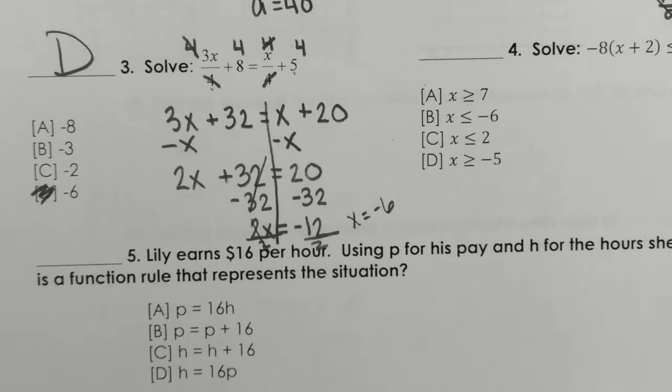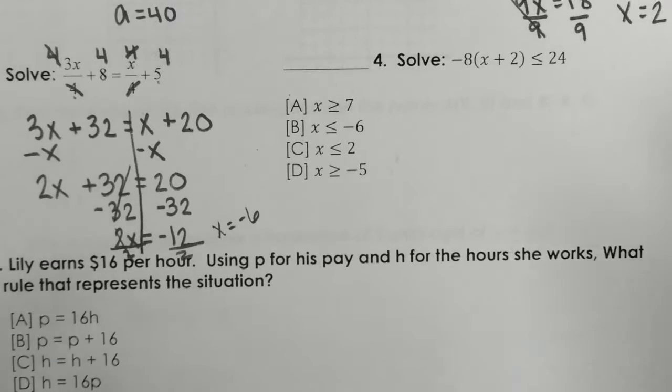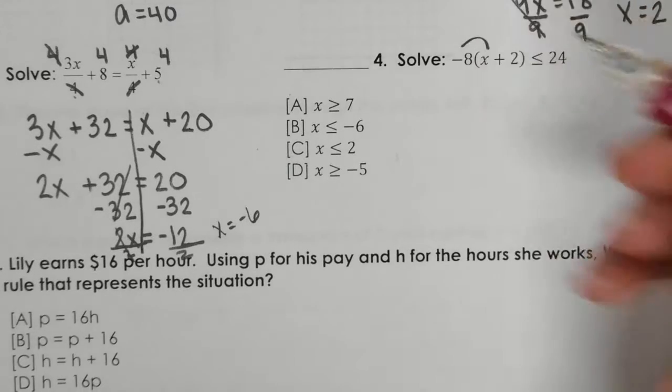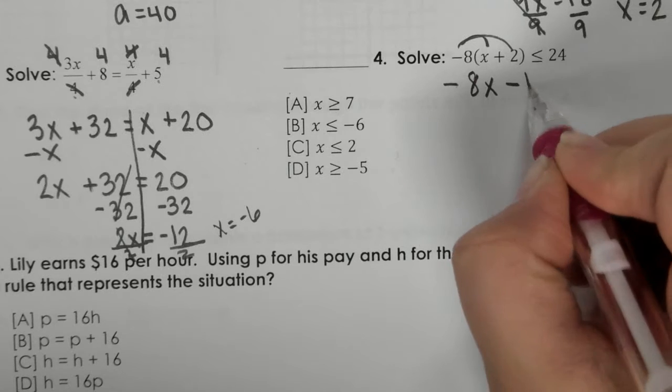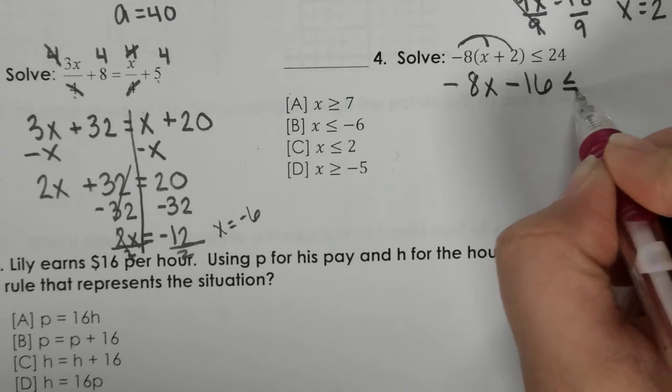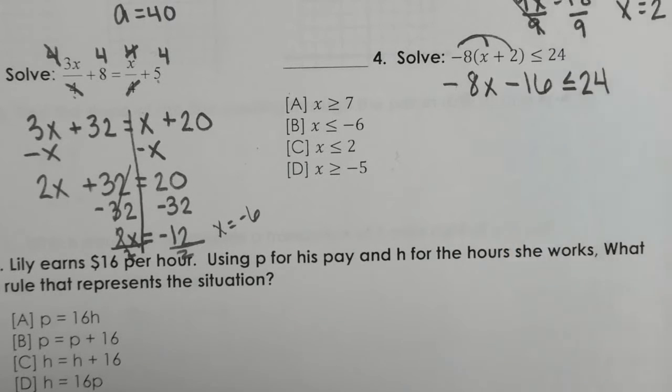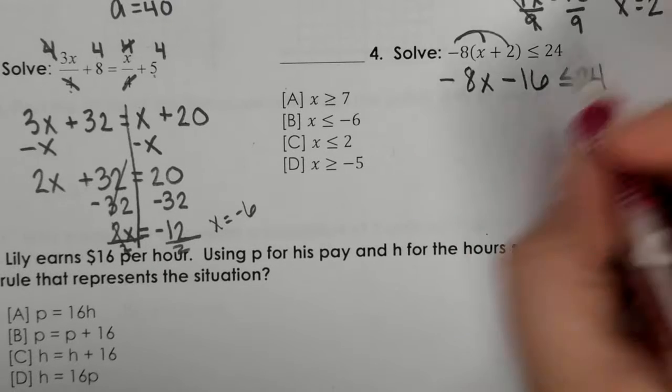For number 4, we are going to distribute our negative 8. So negative 8 times x, and then negative 8 times 2 is less than or equal to 24. It's just a two-step inequality now.